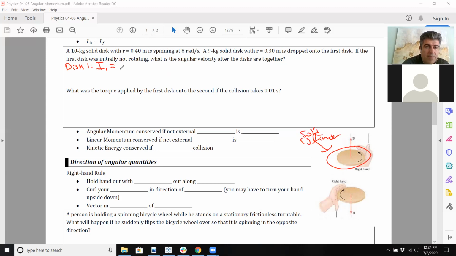It's going to be 1/2 mr squared, so it's 0.8.